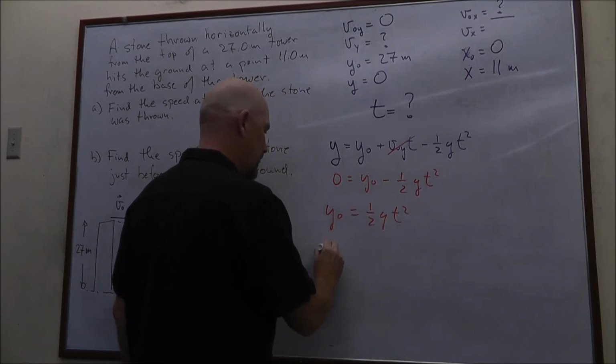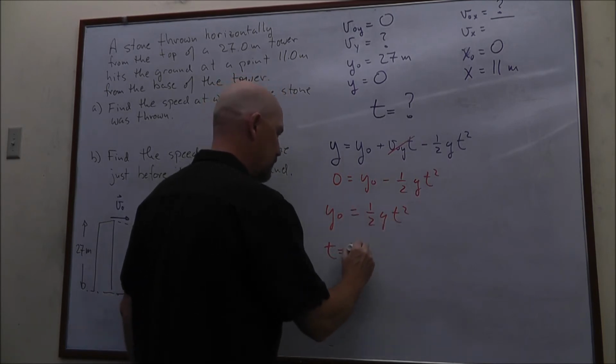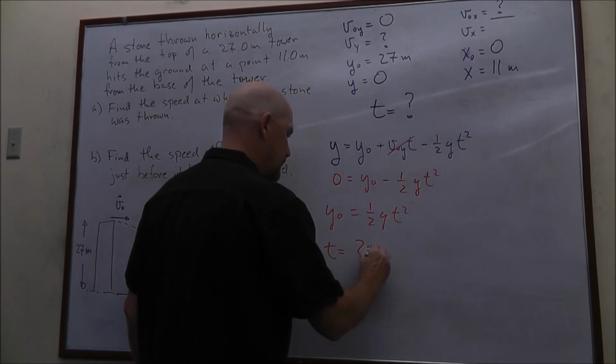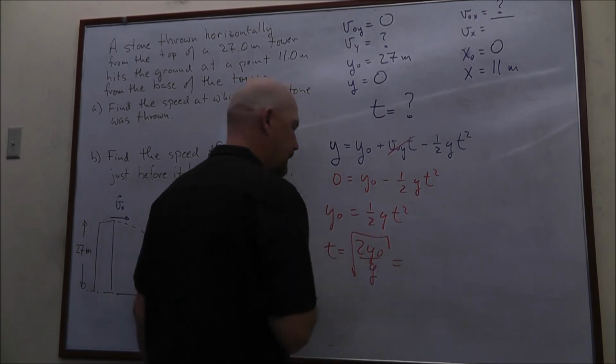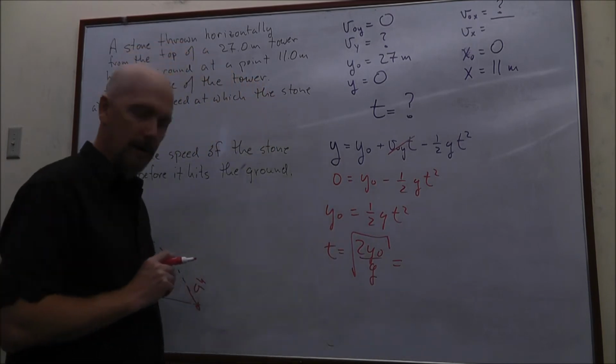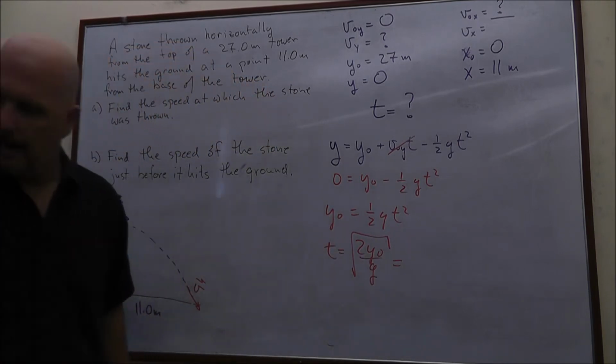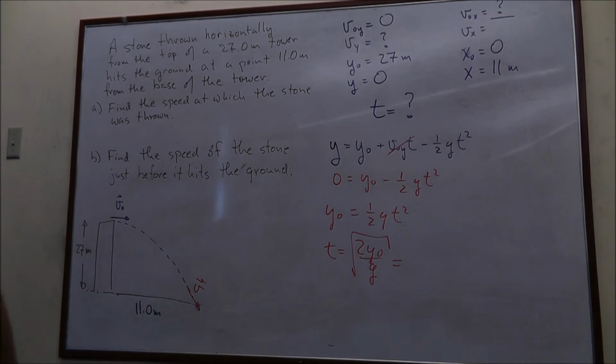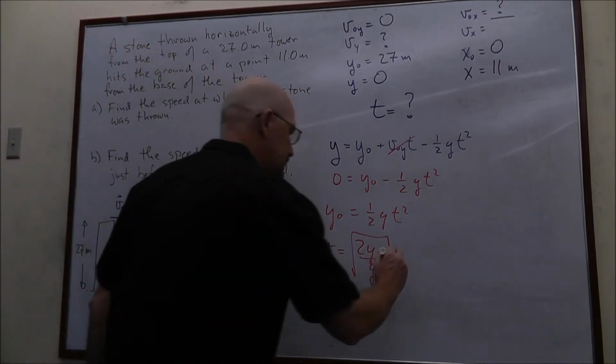Solve it for the time. Time is equal to the square root of 2y0 over g. We plug in our numbers for that, and we get a value of 2.35 seconds.